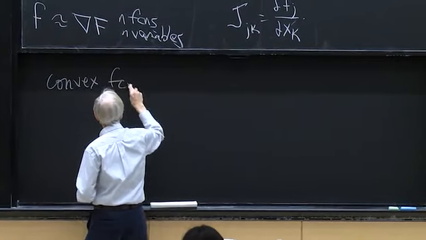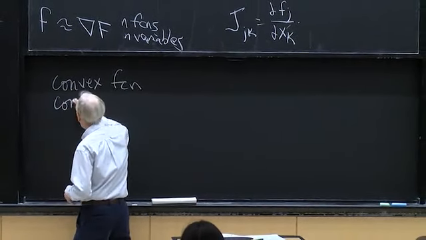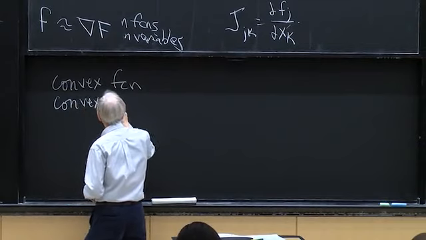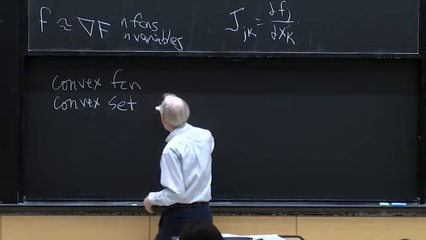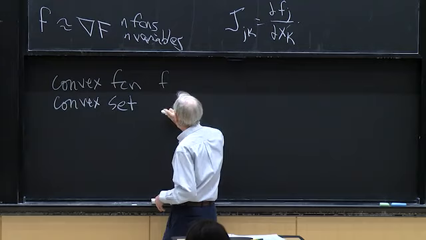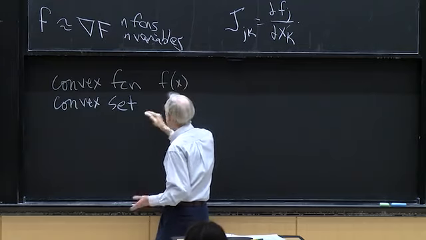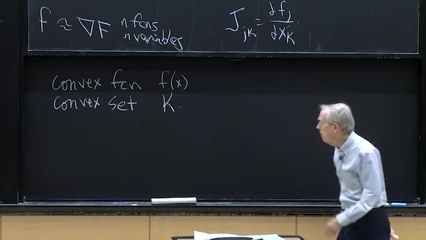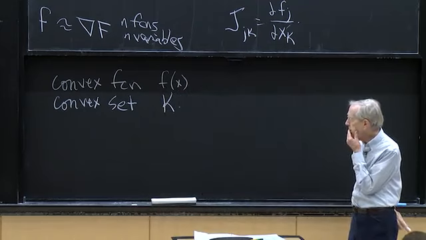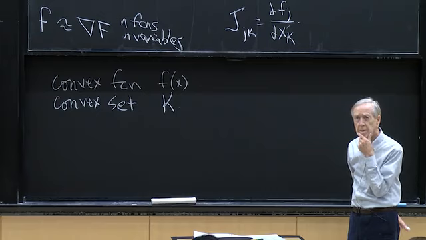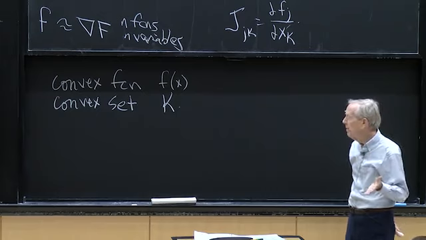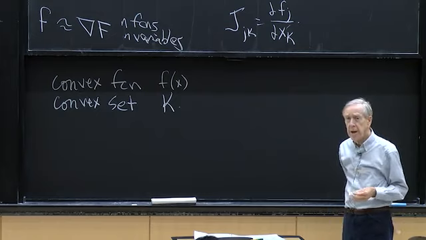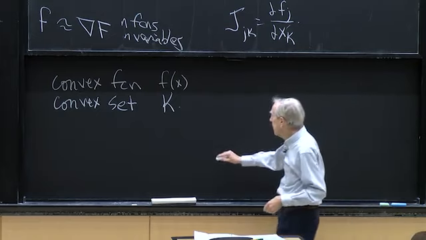Convex function, convex set. So let's call the function f of x, and the typical convex set, I'll call it K. Okay. So we just want to remember, what does that word convex mean, and how do you know if you have a convex function or a convex set? Okay, let me start with convex set.